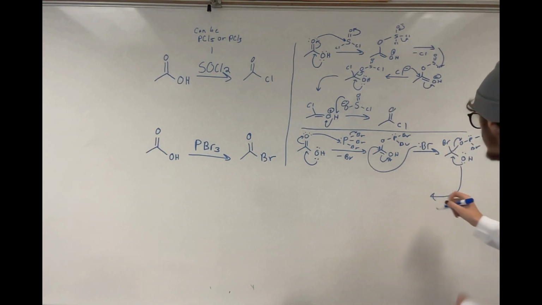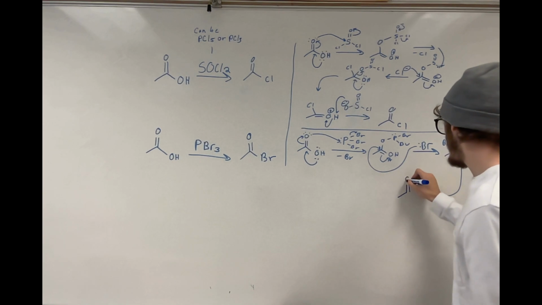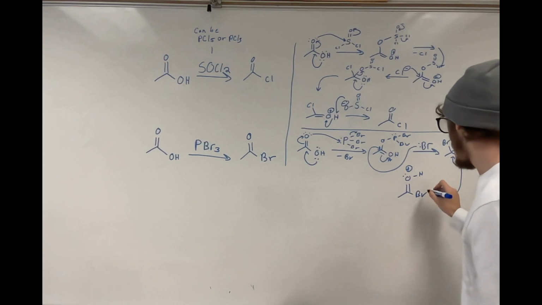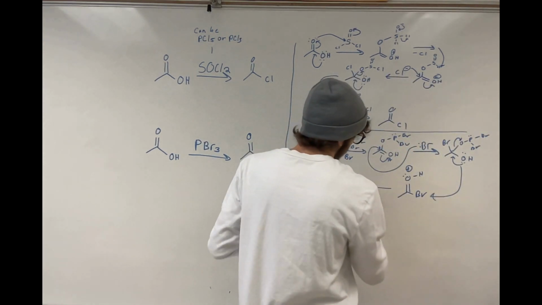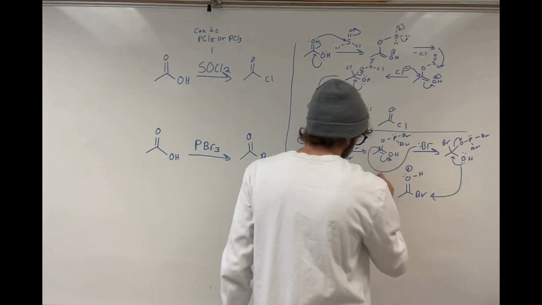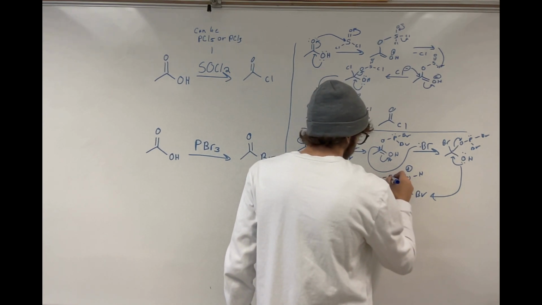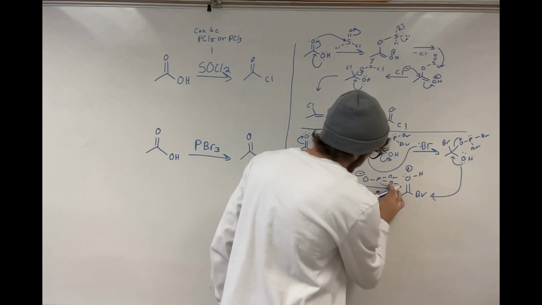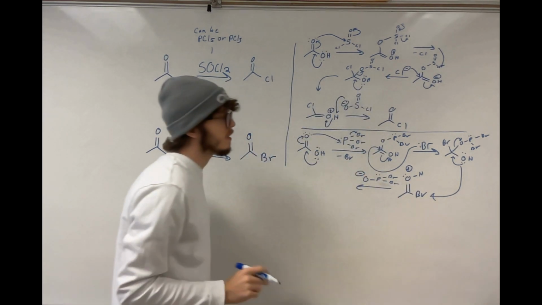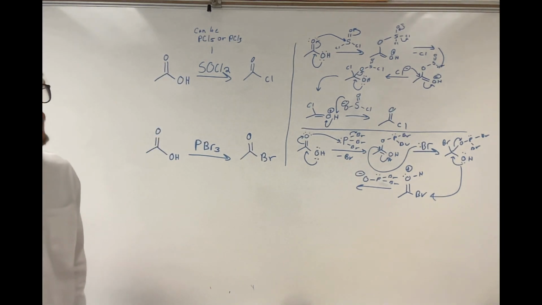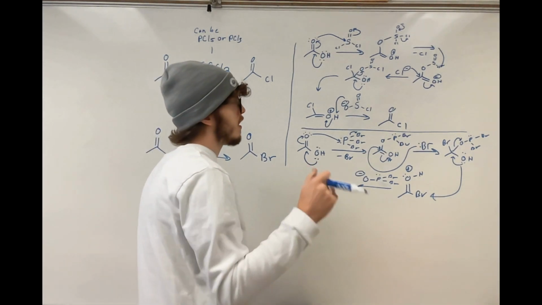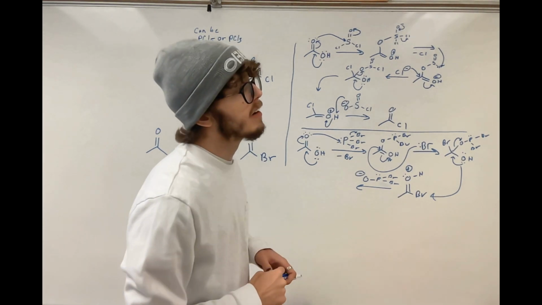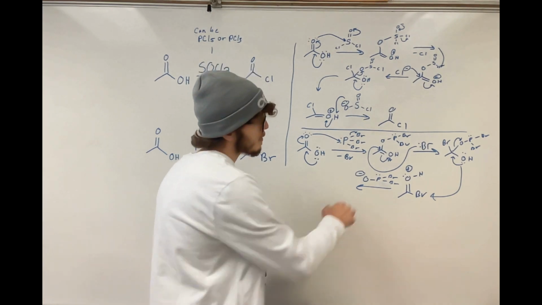Okay, so it does that, and we're going to get a very similar intermediate, almost the exact same, just with bromine in it. With those groups below the oxygen, the nitrogen, the fluorine, all that, those elements they can't really support a negative charge in this manner, okay?